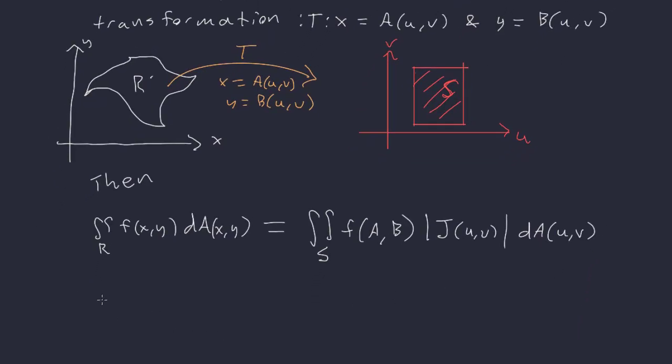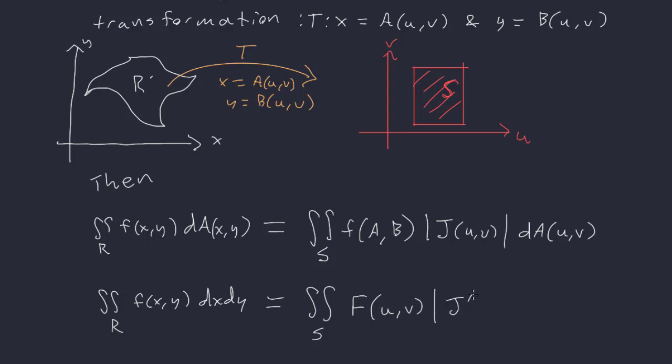In other words, we have a double integral over R of f of x, y, say dx dy. It doesn't have to be in this order, but I'm just generalizing here. And we can turn it into an integral over S of f of a, b, which is actually going to be a function of u and v now. So we could rewrite this as capital F of u comma v times something here, du dv.